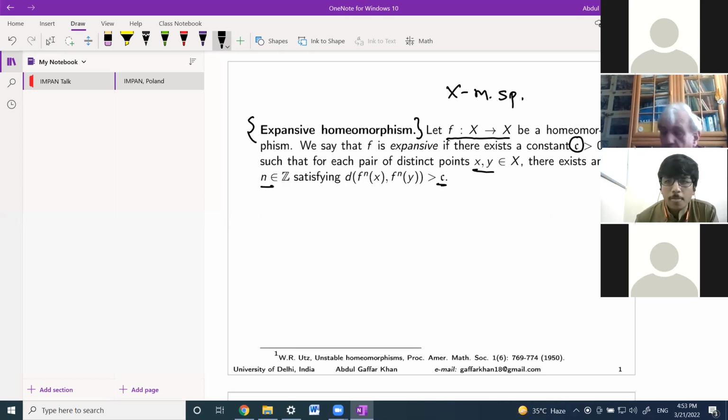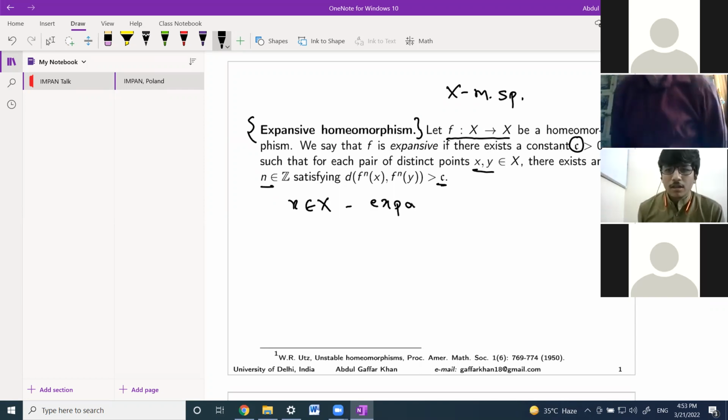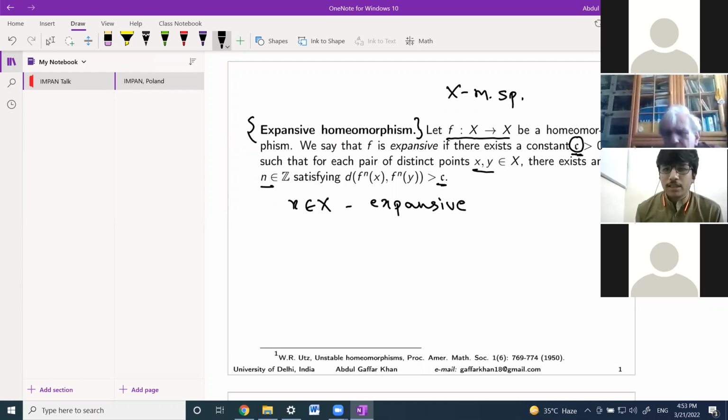And we say that a map F admits a point x in X which is expansive if this constant C varies according to x.